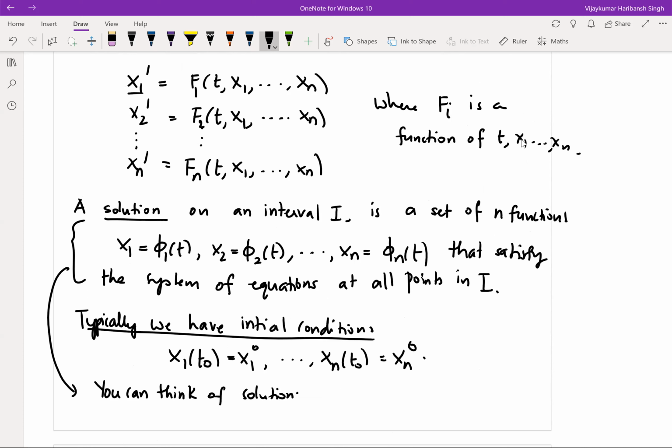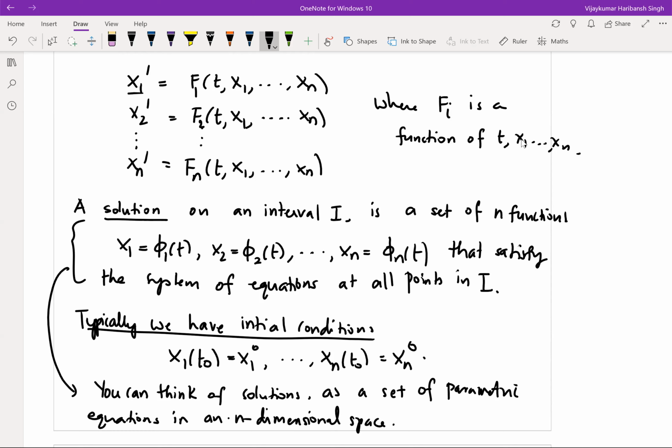You can think about the solutions as a set of parametric equations in n-dimensional space. So the solution is one-dimensional in some sense, right?